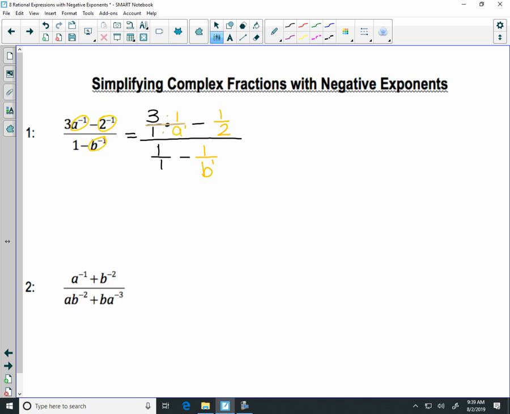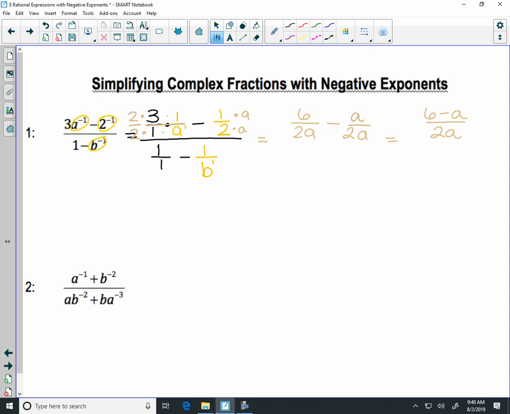So I need to multiply my first fraction by 2 over 2, and my second fraction by a over a. So the numerator here, 2 times 3 times 1 is 6, over 2 times 1 times a is 2a, minus 1 times a is just a, and in the bottom, 2 times a is 2a. So my numerator is 6 minus a over 2a.